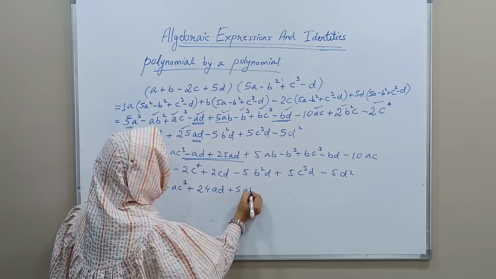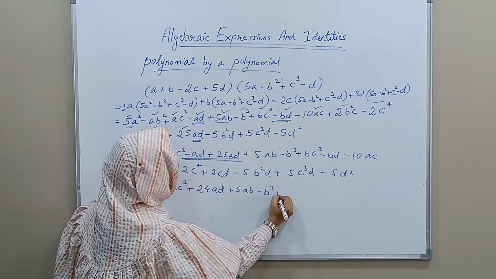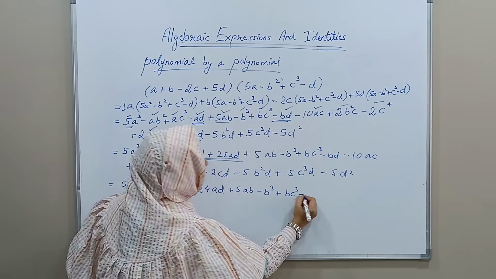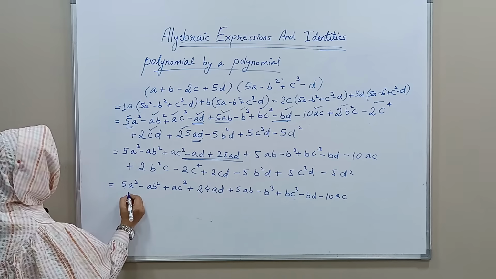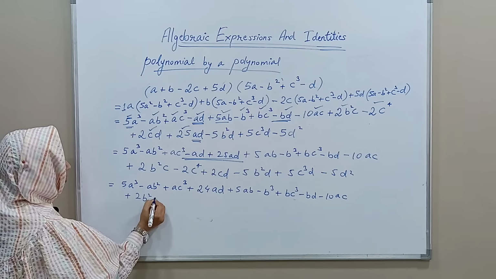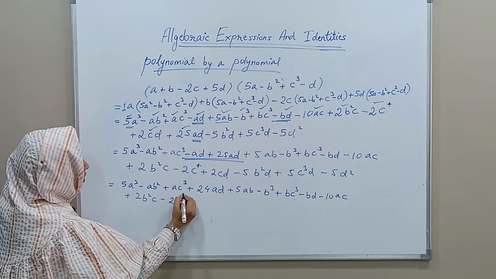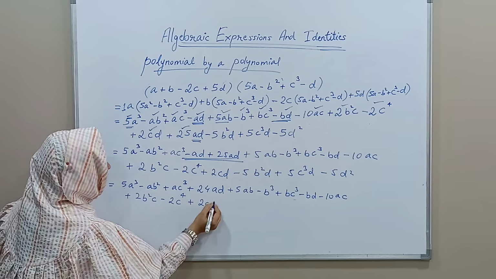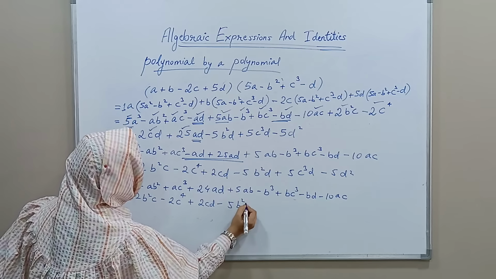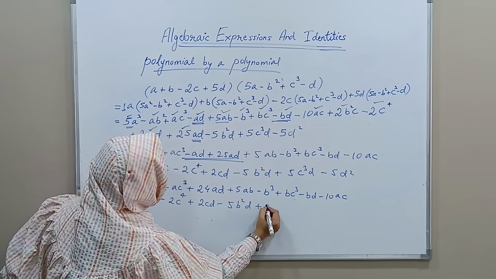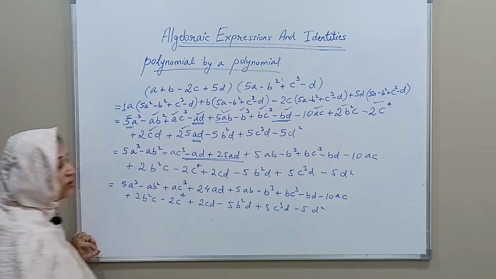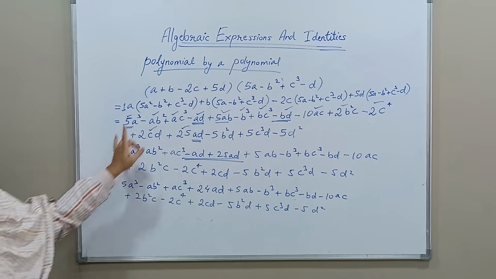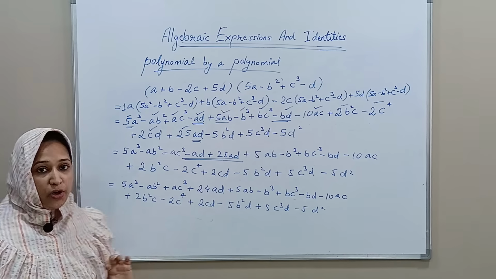So 5ab minus b cube plus bc cube minus bd minus 10ac plus 2b square c minus 2c to the power 4 plus 2cd minus 5b square d plus 5c cube d and minus 5d square. So this is your final answer on multiplying a polynomial by a polynomial.